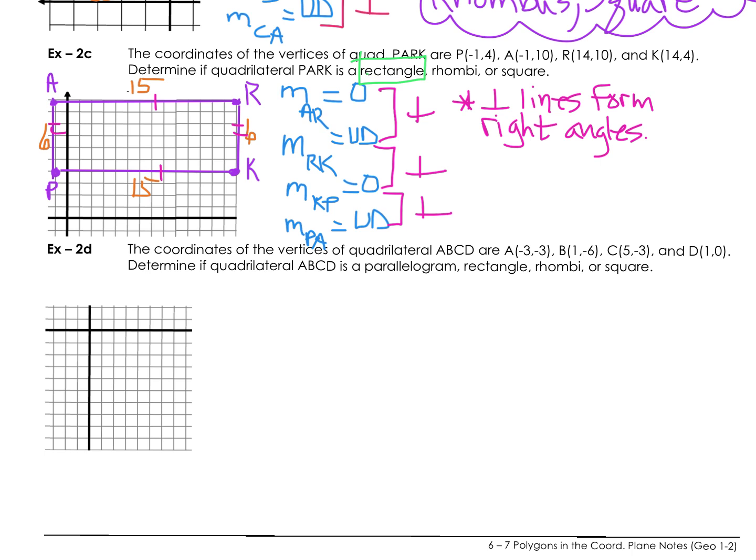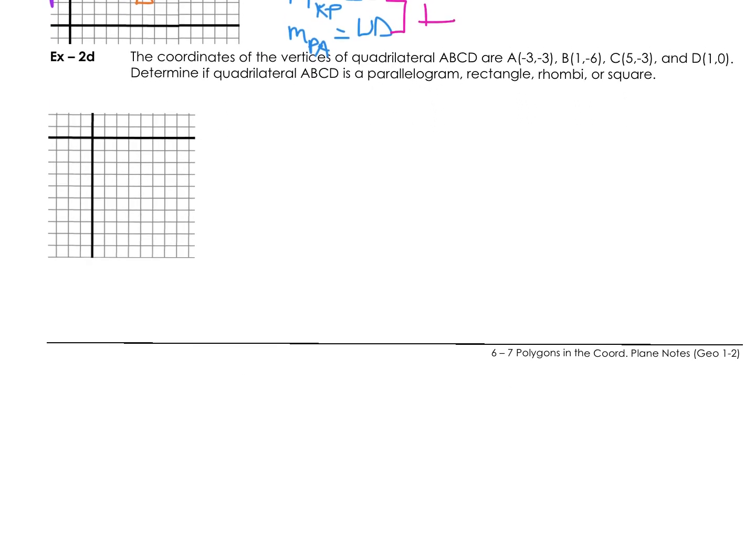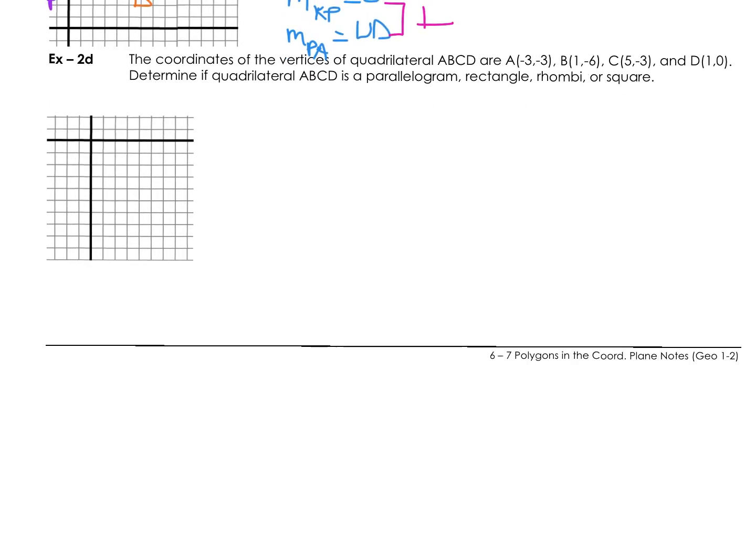Okay, so then the last one that we're going to do is 2D. So we are going to plot those points. So I am going to choose purple. So A is left 3, down 3.